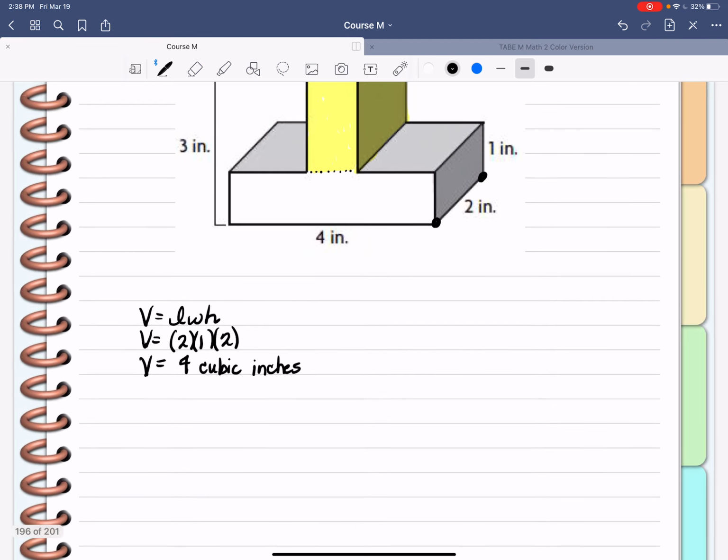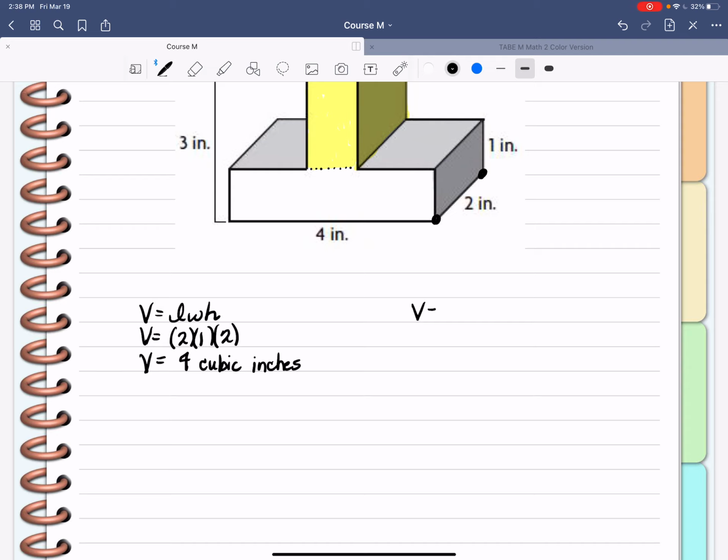And then I'll do this again for the gray box, the box at the bottom. And this one's already done for me. It is 4 inches long. It is 2 inches wide and 1 inch tall. So 4 times 2 times 1, that's 8 cubic inches.